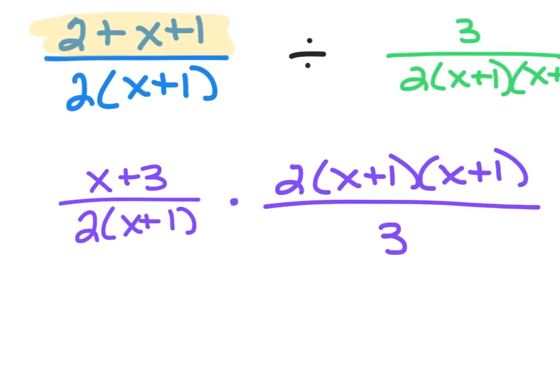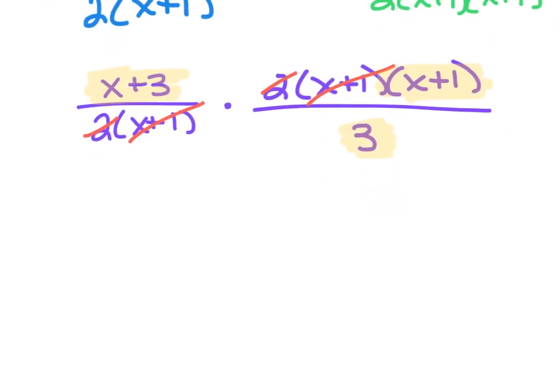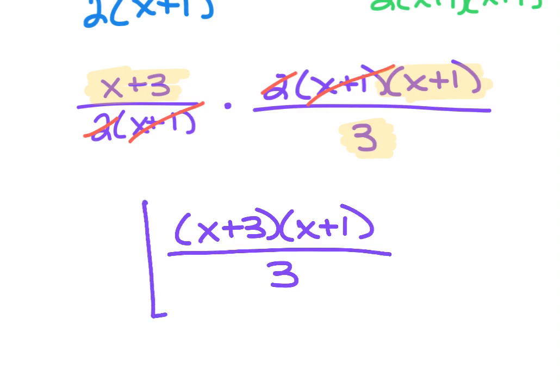And you should see that the 2 cancels with the 2, and the x plus 1 cancels with one of the x plus 1s. And what I have left are the x plus 3 here, the x plus 1 here, and the 3 here. And so my final answer to this is x plus 3 over x plus 1 all over 3.